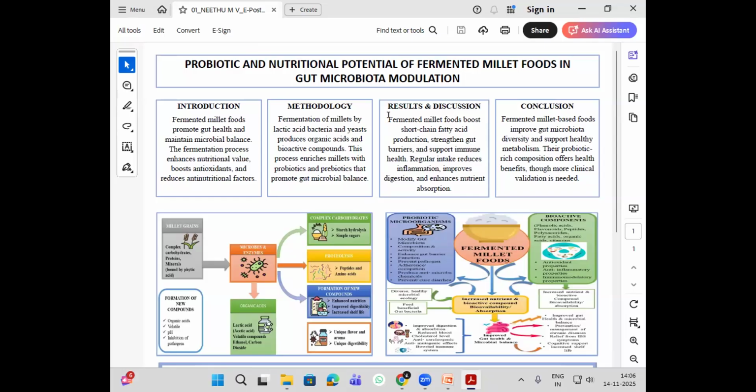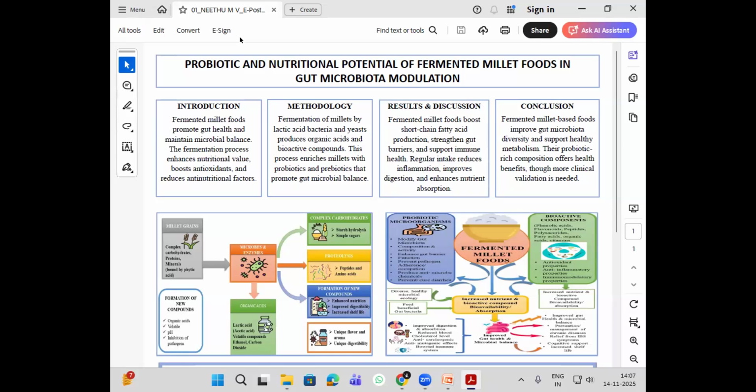What happens in our gut after having the fermented millets? Short-chain fatty acids like propionate, acetate, and butyrate will increase. It helps to reduce appetite, helps in weight management, helps to reduce inflammation, and is very good for cardiovascular and brain health.